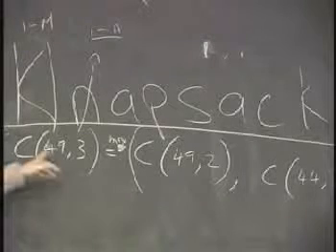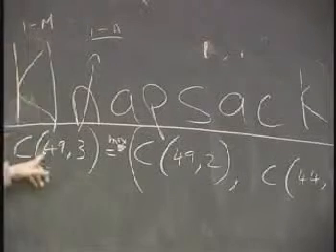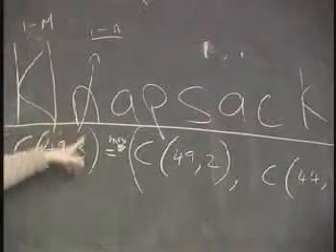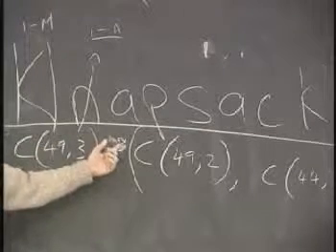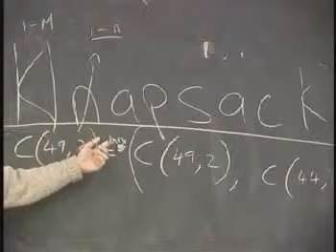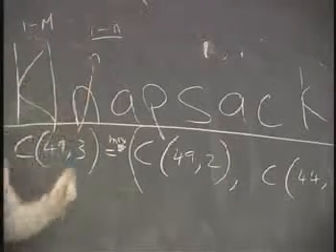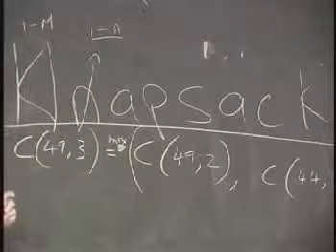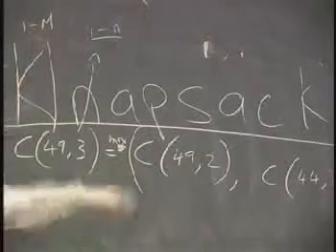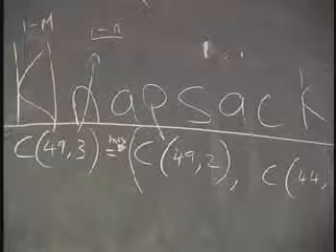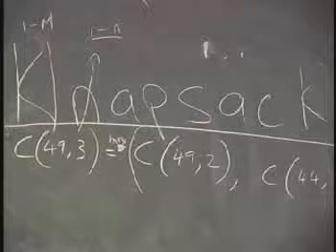So if the size of your knapsack is 49, call that M, then this number ranges up to capital M. And if the number of objects you have is little n, then this algorithm can be done. This is only a maximum calculation, so every step is constant time. It can be done in capital M times small n. Starting at the bottom. If you start with the base cases and work your way up to C of 49, 3.